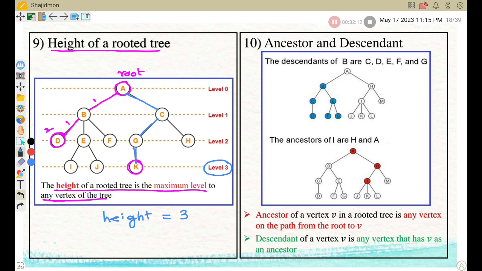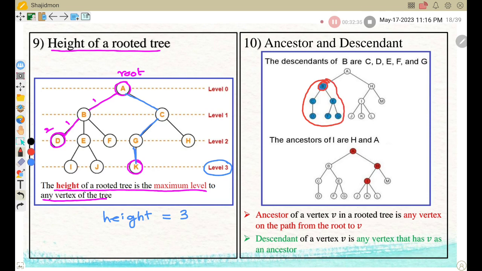Now, the next point we need to know, an important point: ancestor and descendant. What is the meaning of the word ancestor and what is the meaning of the word descendant? Now, descendant of a vertex. For example, I am taking the vertex B. What does descendant of B mean? Just take the subtree.